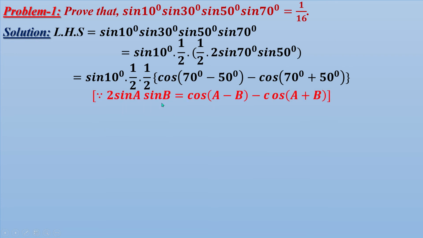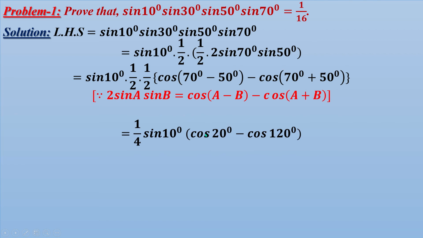This formula is applied here. Clear everyone? Now calculate. We'll get 1 by 4 sin 10 degree and here cos 20 degree, but here minus cos 120 degree.